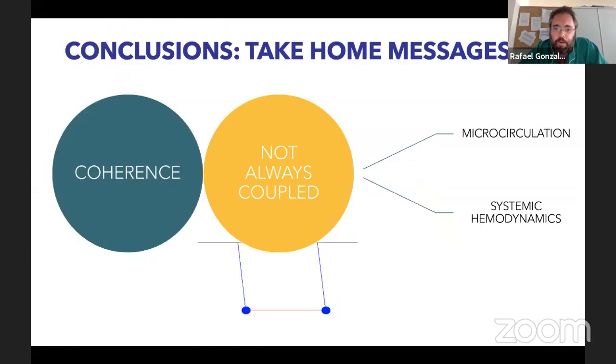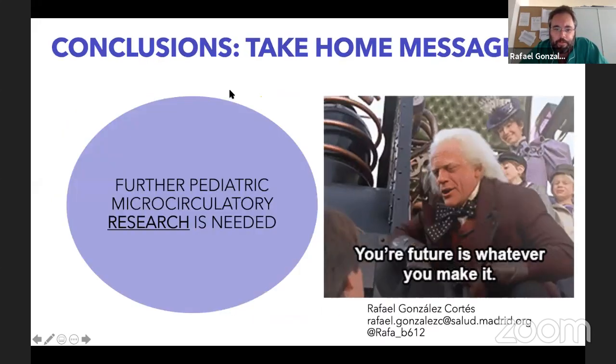We have to remember that the microcirculation compartment and systemic hemodynamics are not always coupled. We have to keep in mind the phenomenon of coherence and remember that a patient in whom systemic hemodynamics look well might not have a normal microcirculatory compartment.